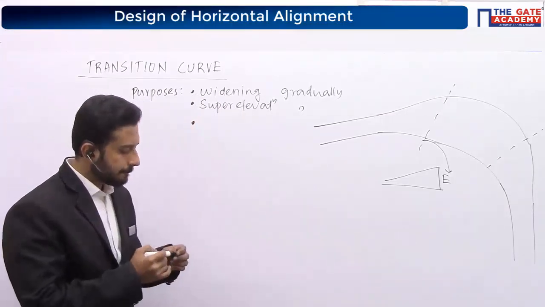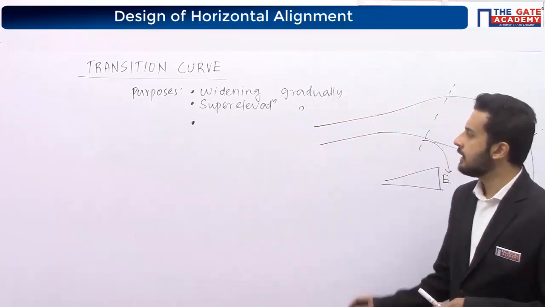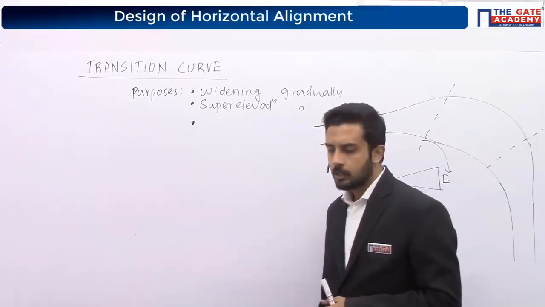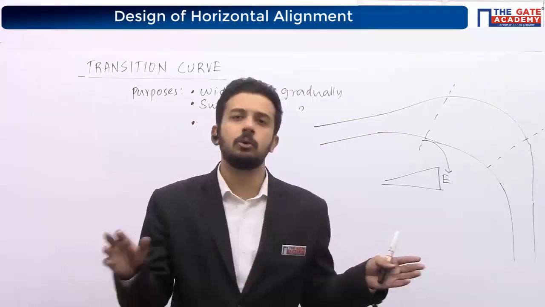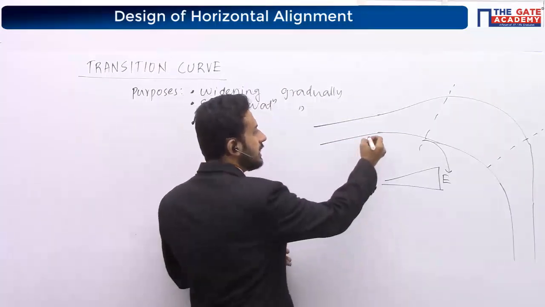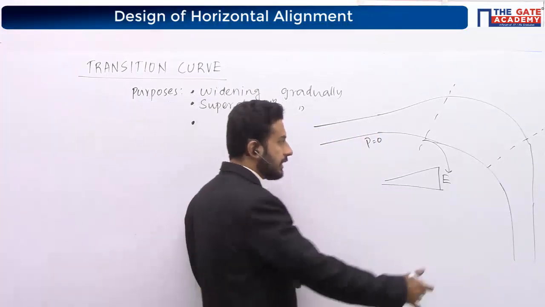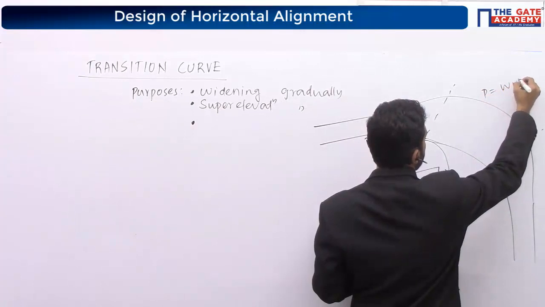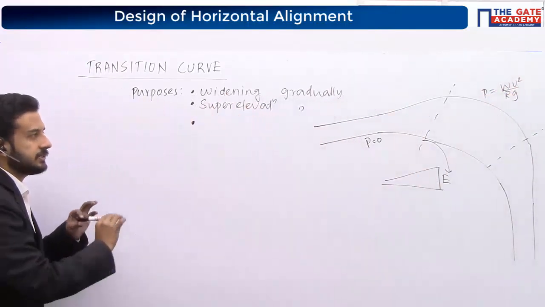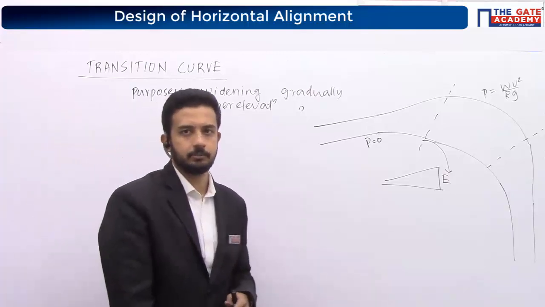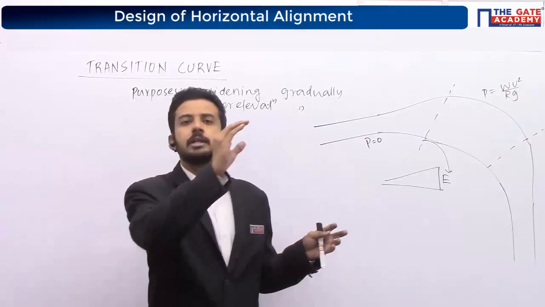One more thing is there. If you are providing a transition curve, see, these are important for 1 mark. If you are giving a transition curve, the super elevation will act very gradually, slowly only. Why? Because here the centrifugal force is equal to 0, and here the centrifugal force is equal to W into V square by Rg. So the centrifugal force is going to change from 0 to W V square by Rg. Suddenly you are not going to get any pulling force; gradually only it is going to start.